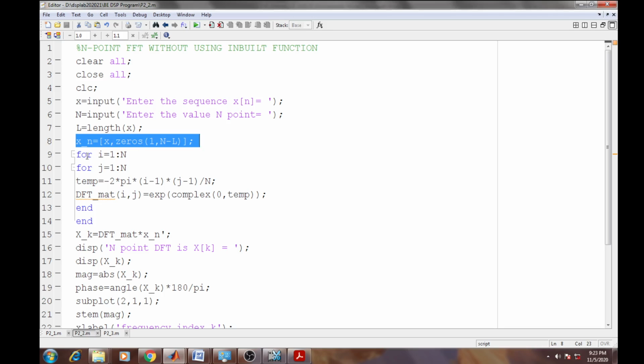Now the next one is the for statement: for i is equal to 1 to n. In C programming we write with the help of brackets, but in MATLAB it is written in this style. For i is equal to 1 colon n defines the i variable with initial value 1 and last value n, and you can define the step value also.